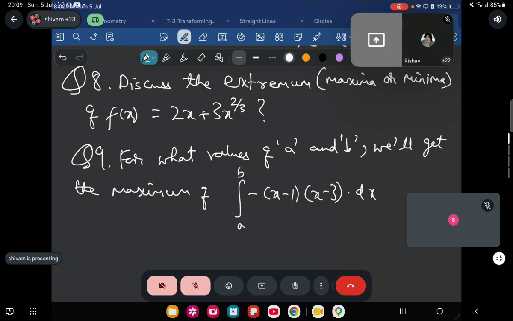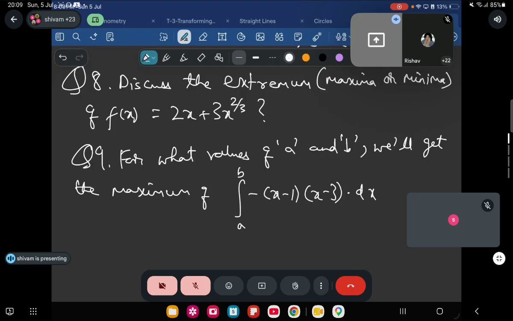Okay, actually you need to find out at what point you are getting the maxima and at what point you are getting the minima.